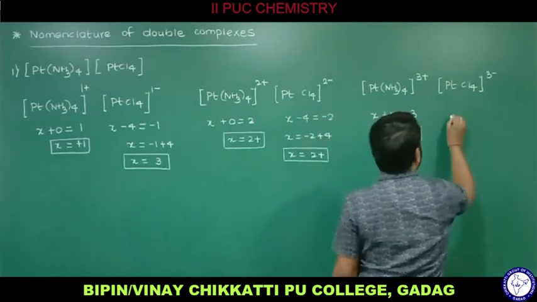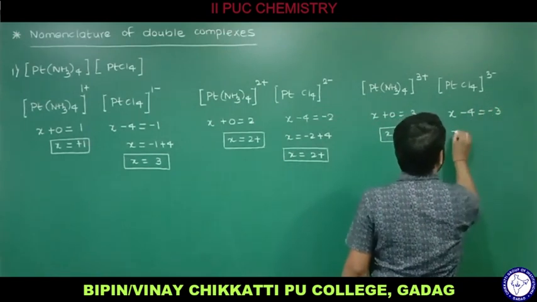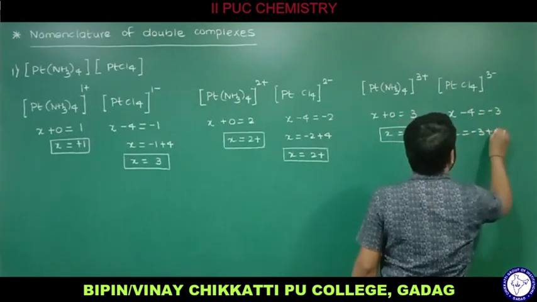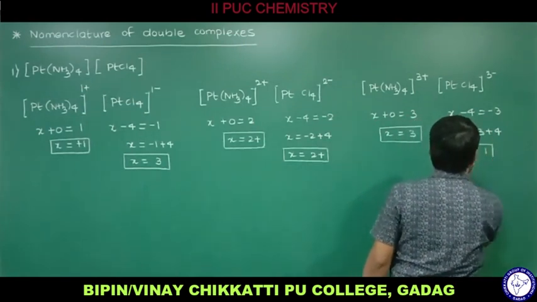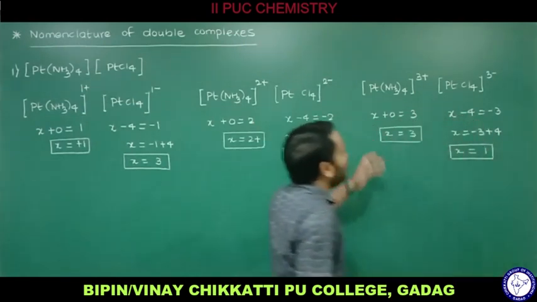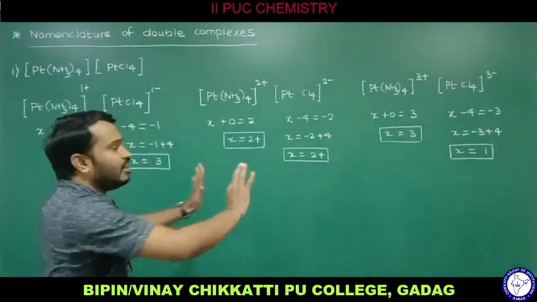For this particular complex, Pt, X minus 4 is equal to minus 3, and X is equal to minus 3 plus 4, so we get X as 1. So 3 and 1 we get. Similarly you can consider it for +4, -4, +5, -5, randomly, by the hit and trial method.